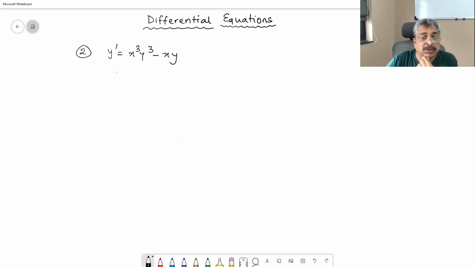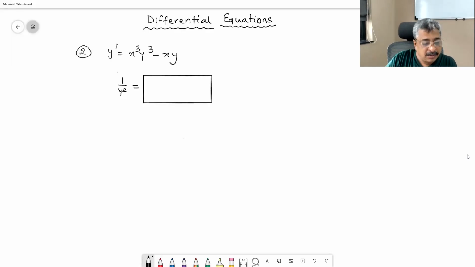Get me the solution in the form 1 upon y square is equal to. Okay, it seems this is the same problem which was solved earlier. So the answer is x square plus 1 plus c raised to x square.